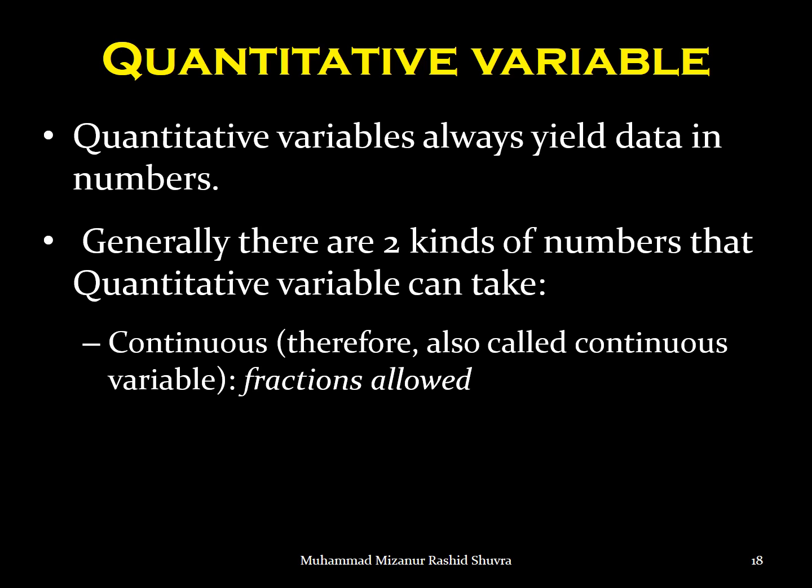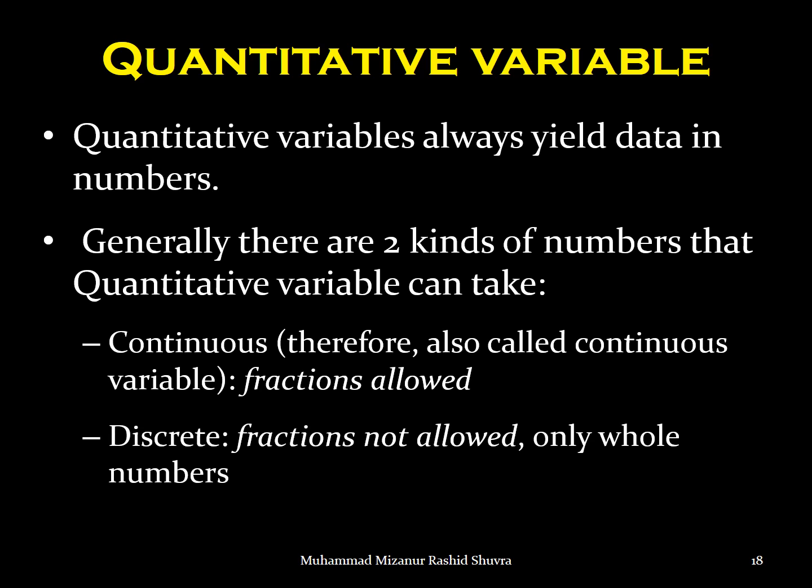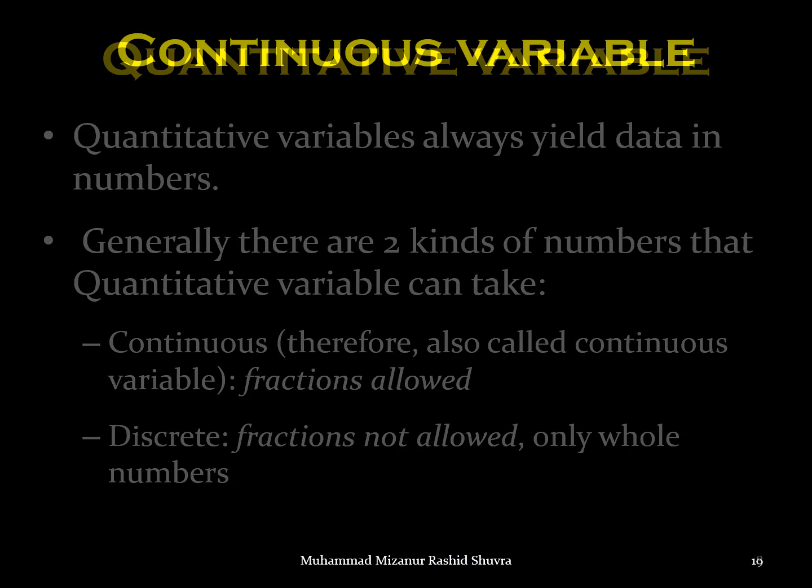You may have 1 and then 1.15 and then 1.115, 1.125, whatever. So fractions are allowed in a continuous form. We'll talk about this later. But for discrete variables, fractions are not allowed. Okay, they're whole numbers. That's the difference. You cannot have fractions in discrete, and that's why the meaning discrete.